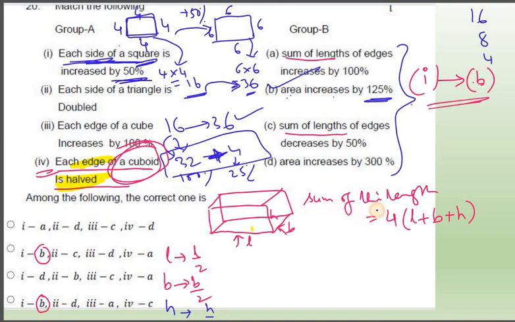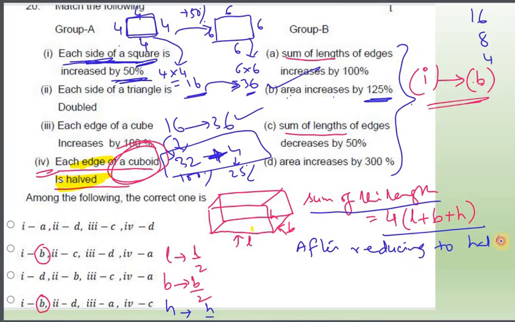Right. So the sum of the lengths of the original one is this one. Now after reducing to half, what is the formula? Same formula, but 4 into L becomes L by 2, B becomes B by 2, H becomes H by 2.